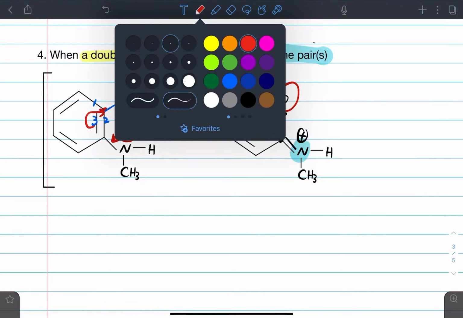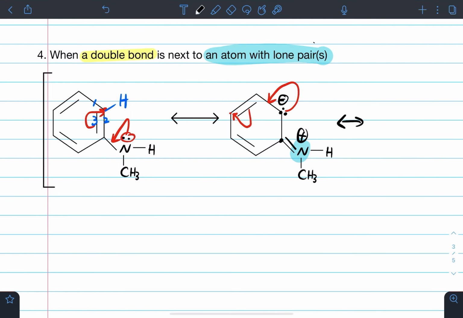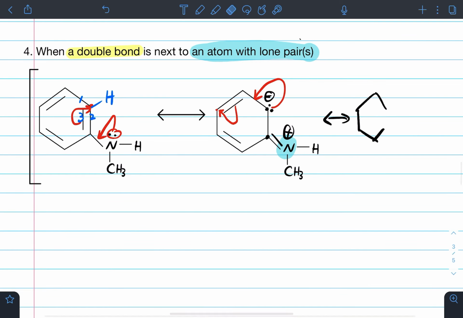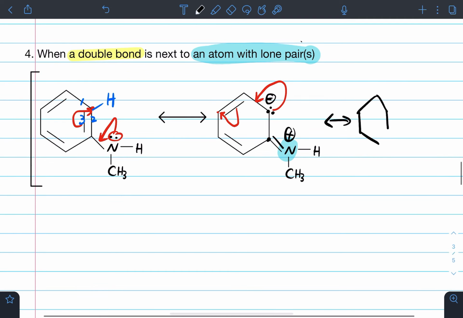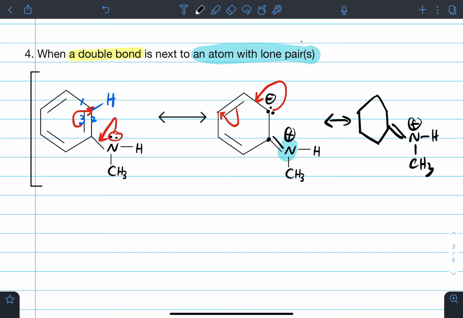So now let's draw the structure after this. Perfect. So my positive nitrogen is still here, connected to hydrogen and CH3. But the lone pair of this carbon is not here anymore, since I create a double bond here.